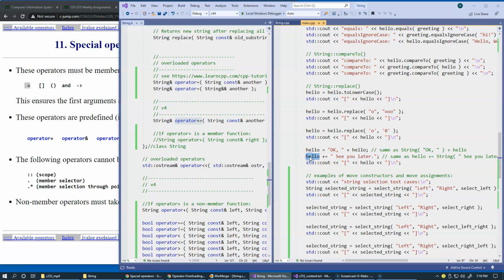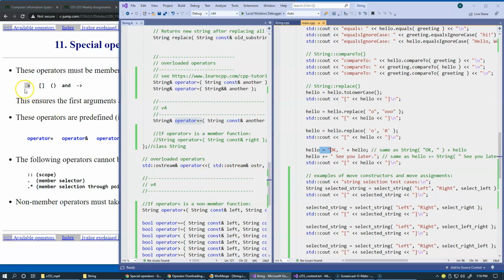We take the value of hello, we combine it with another string, and we store it back in the hello object. So we update this object with the concatenated version. This is technically called arithmetic assignment, and this is the assignment operator right here.